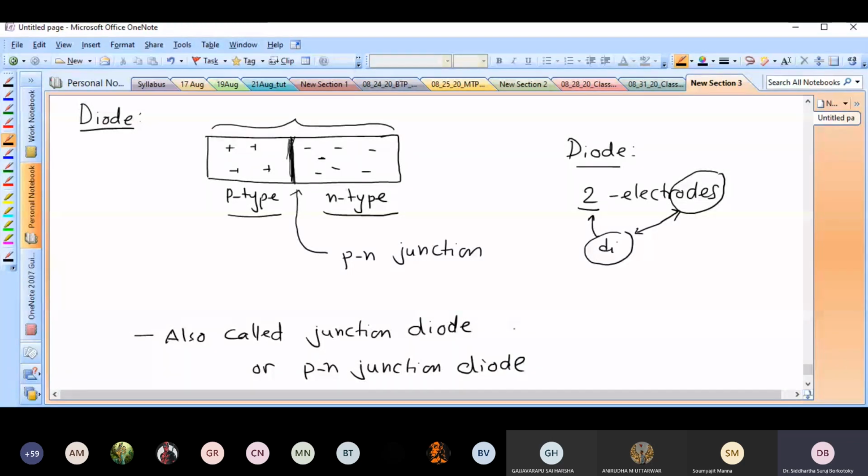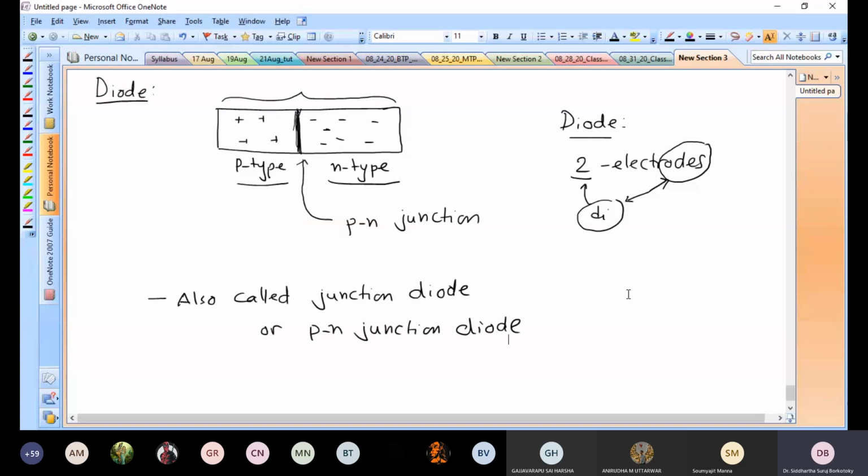Essentially, what is a diode? A diode is a piece of semiconductor material, one half of which has been made p-type and the other half n-type. And the junction in between them is called the p-n junction.